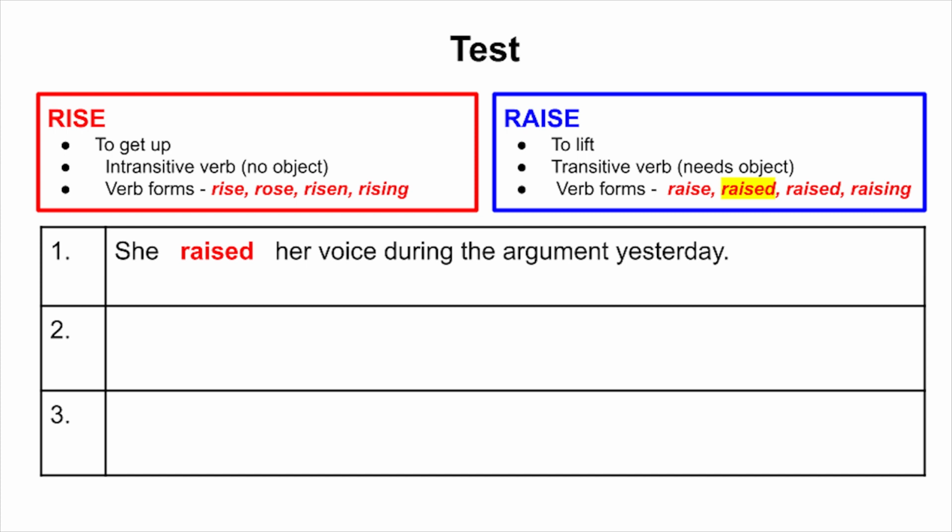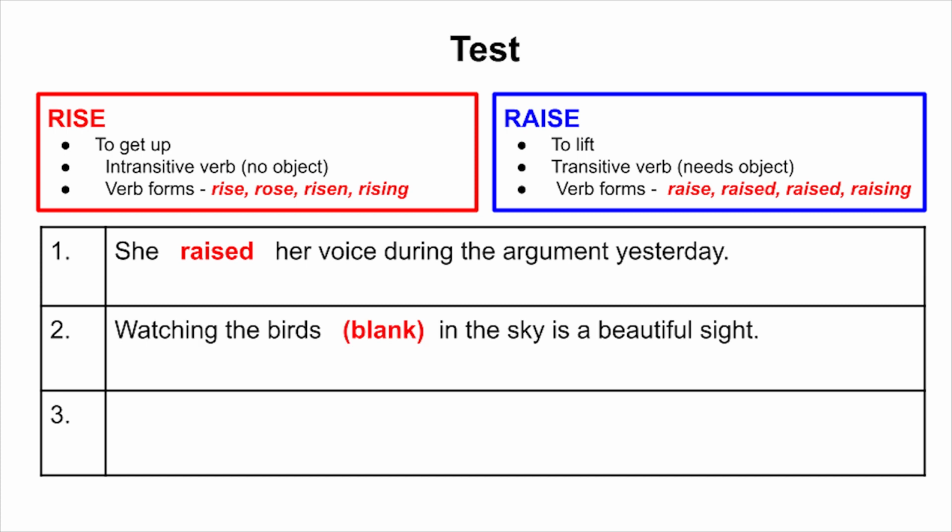Our second sentence is, watching the birds blank in the sky is a beautiful sight. We may ask the same questions. Does this sentence have an object? No, it does not. In the sky is a beautiful sight is a prepositional phrase.